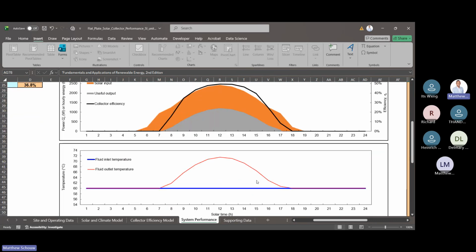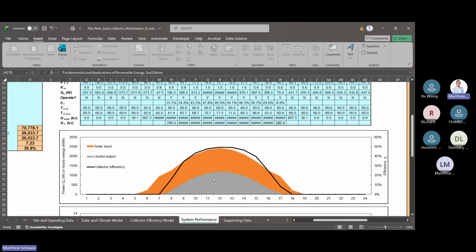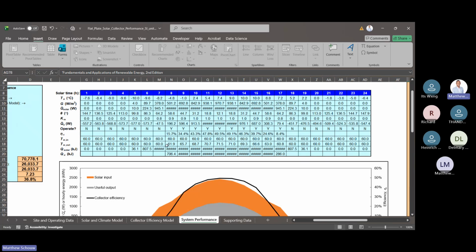Engineers use these types of spreadsheets for all types of applications. Here our water comes in at 60 degrees and gets heated up, and eventually comes out at 72 at the max, then drops again as the sun goes. But like I said, we can get an equation for this graph, and for anything over here. That's what I wanted to show you.